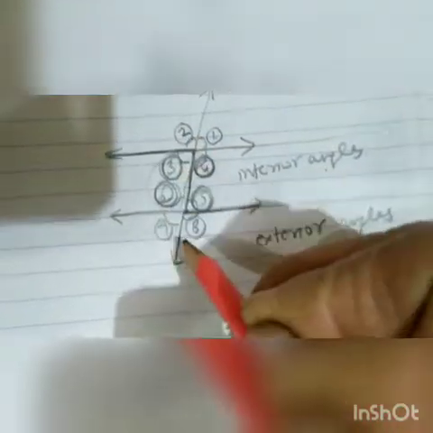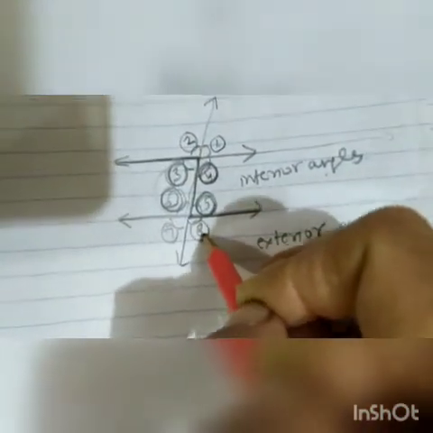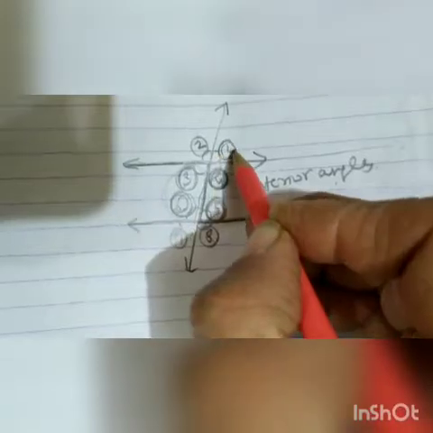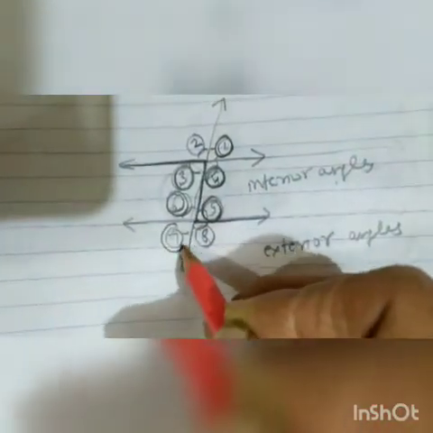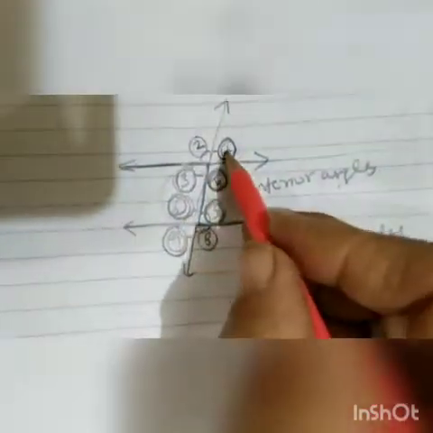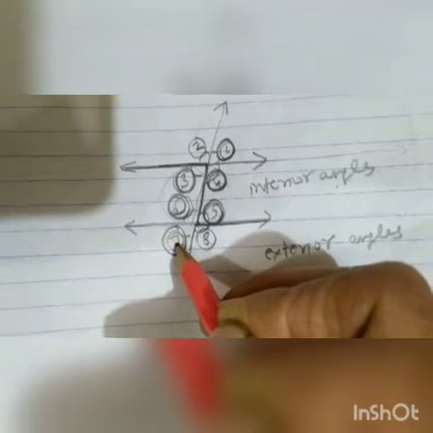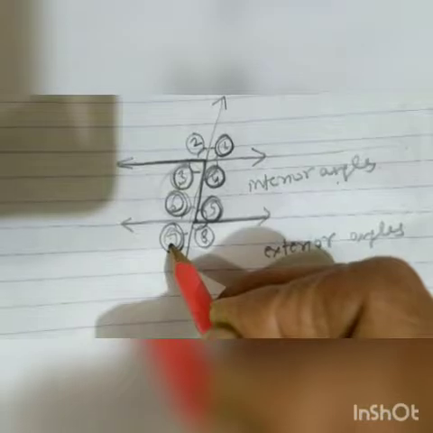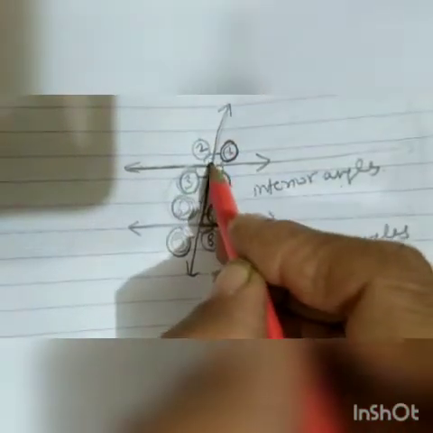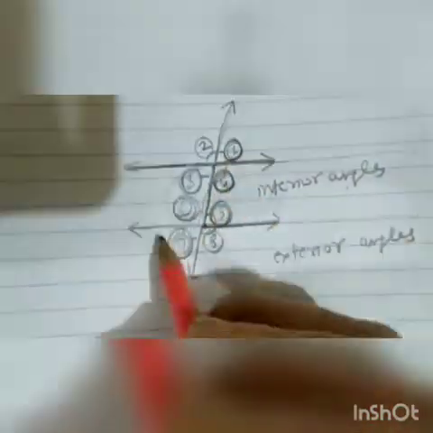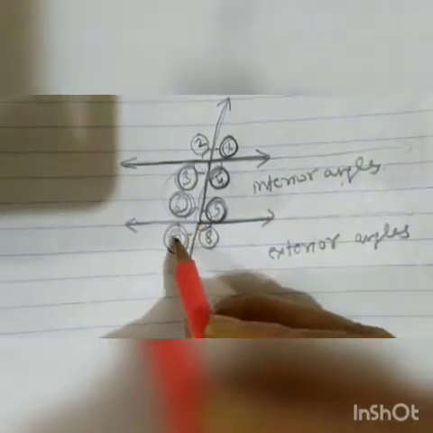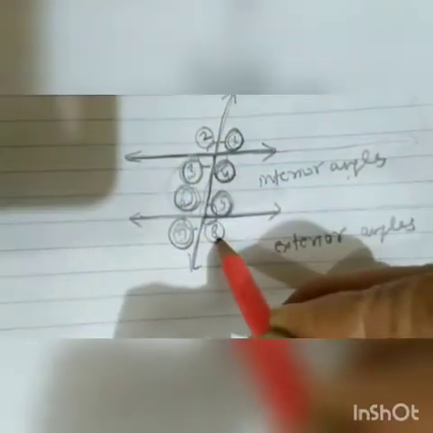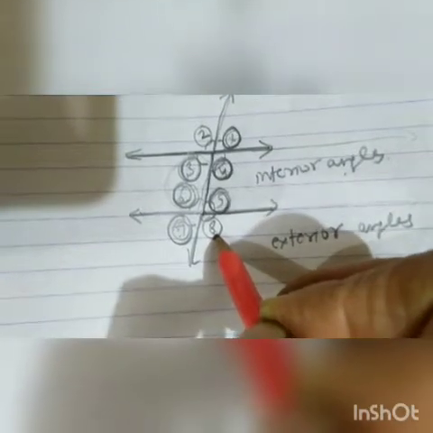Now, alternate exterior angles. Angle 1, 2, 7 and 8 are exterior angles. Now, angle 1 and angle 7. These two are alternate exterior angles and they are also equal in measurement. If suppose this angle 1 is 50 degrees, then angle 7 is also 50 degrees. Angle 2 and angle 8 are alternate exterior angles.